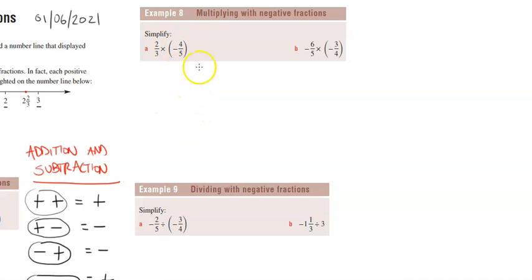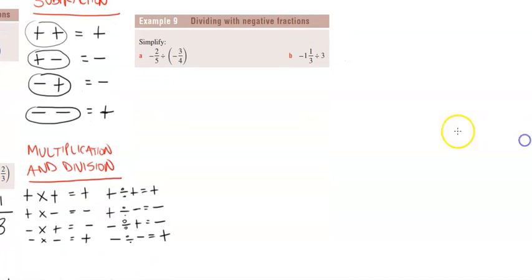We've got 4 more examples here. This one is 2/3 times -4 over 5. This 2/3 is implying that it is a positive number. So we are multiplying a positive fraction by a negative fraction. A positive fraction multiplied by a negative fraction will give us a negative answer.